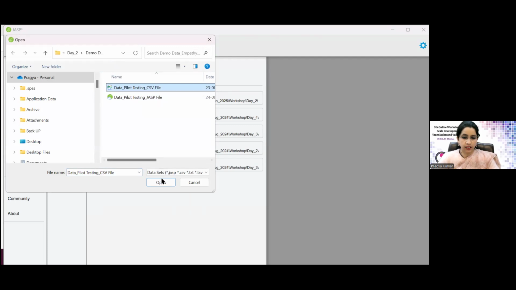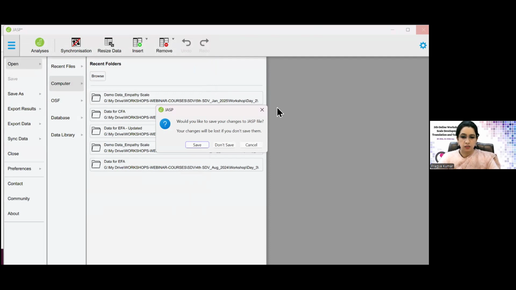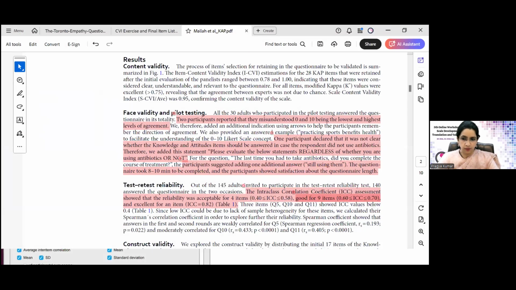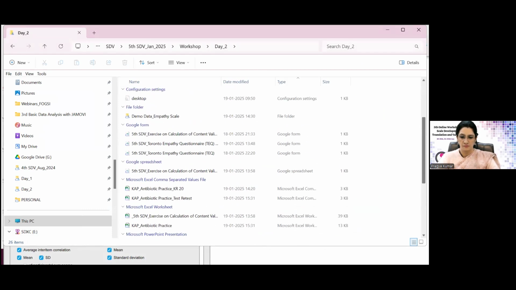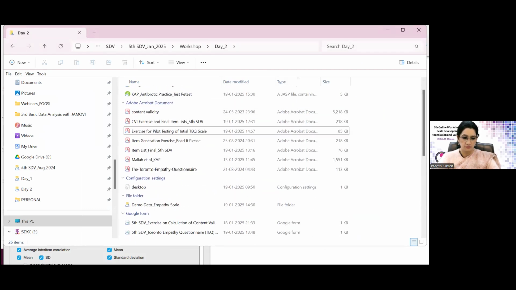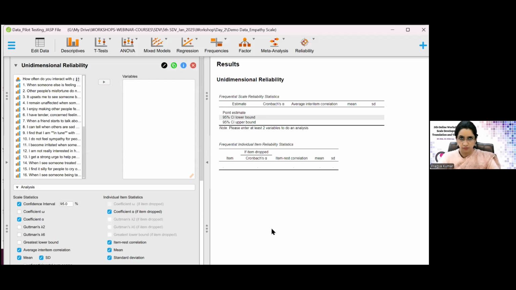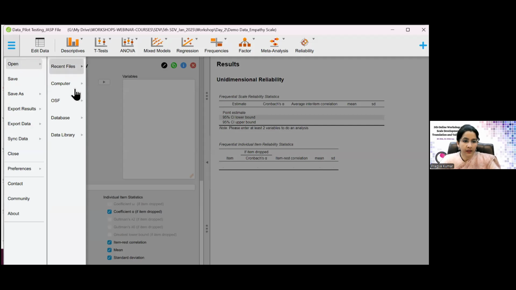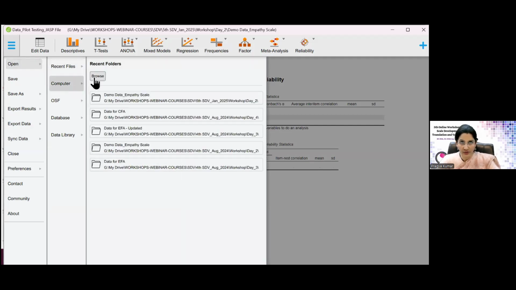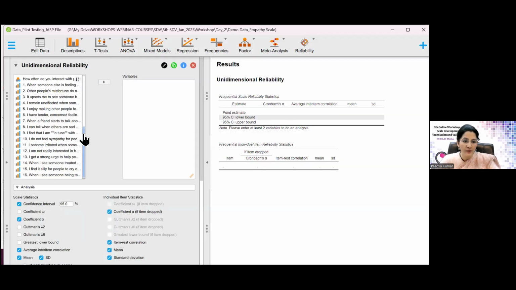So I will click and press open. So this data will get opened. Since I have already opened this, this is how to do that. Go to this, click open, go to computer and browse, show the path and click that CSV file and it will get imported. So these were the data.